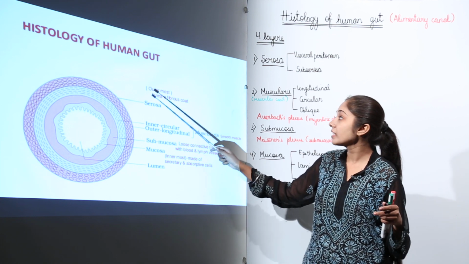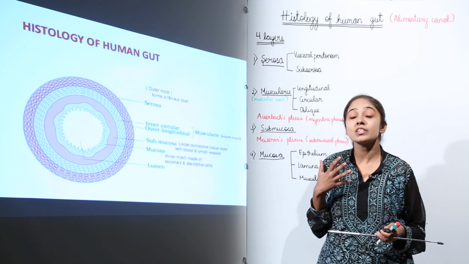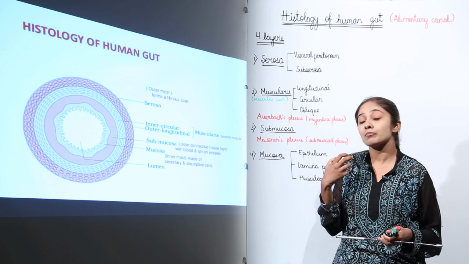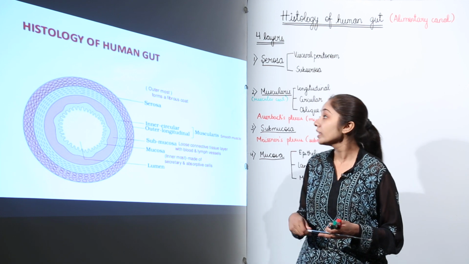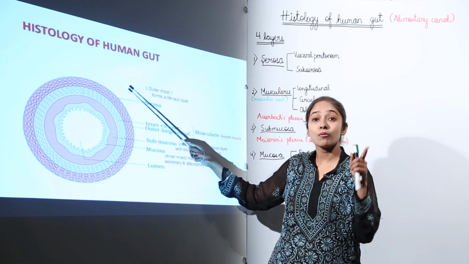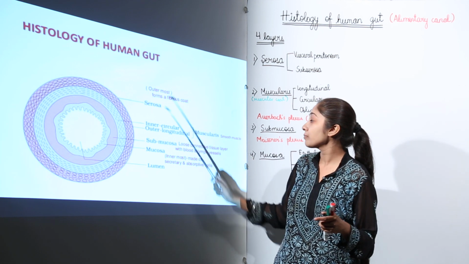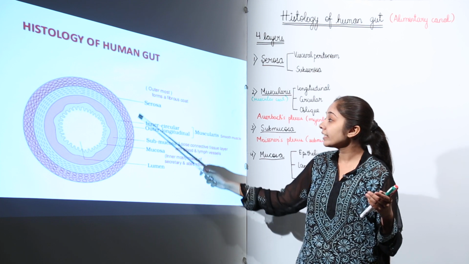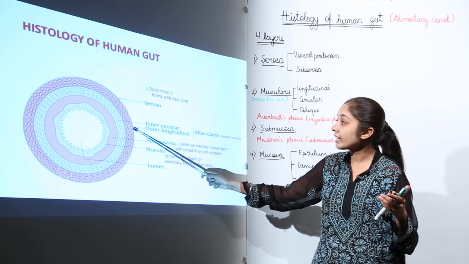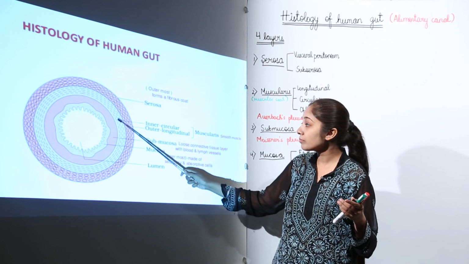So the outermost layer which is formed of the fibrous tissue, mostly areolar connective tissue, that is the serosa, made up of which tissue? Areolar connective tissue. Then we have the muscularis. The first layer is the longitudinal muscle layer, as you can see. Then we have a circular muscle layer.